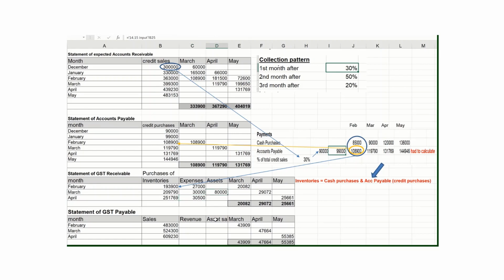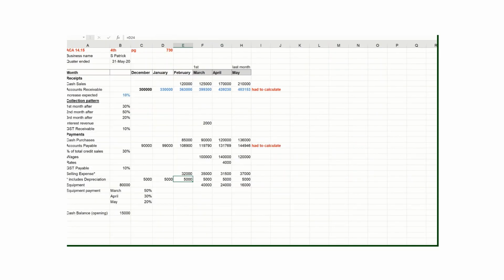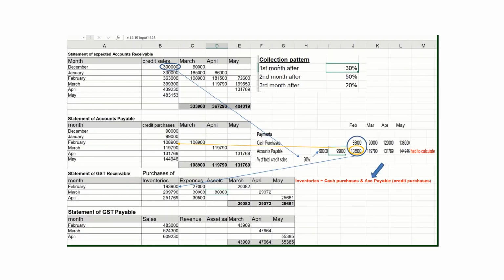Now, assets is tricky because when do we claim GST back? It said that we're going to buy assets in March with 80,000 equipment. It says, however, we're going to pay it off over 3 months. However, when it comes to claiming the GST, we claim the total amount of GST in the month that the transaction takes place. So that's why the 80,000, the total amount, will be put into the March month column.